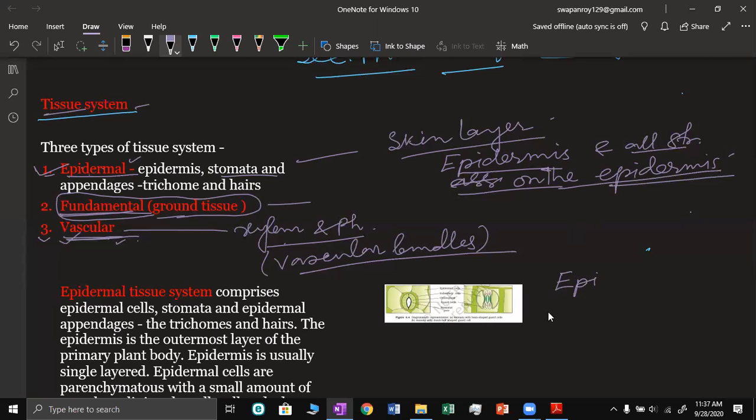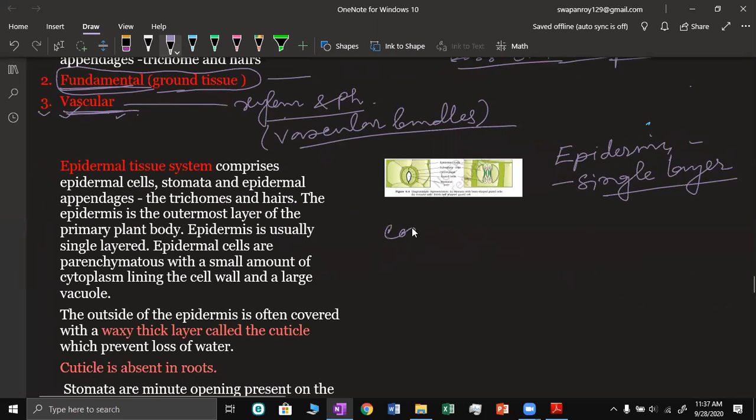Epidermis is usually a single layer of compactly arranged cells, and this is the outermost layer of all the organs of the plant, whether in the root system or the shoot system.